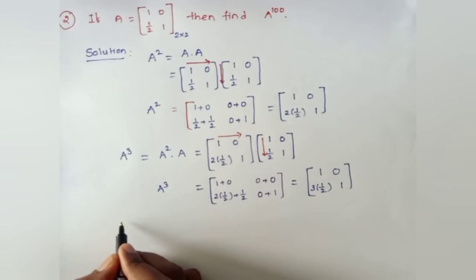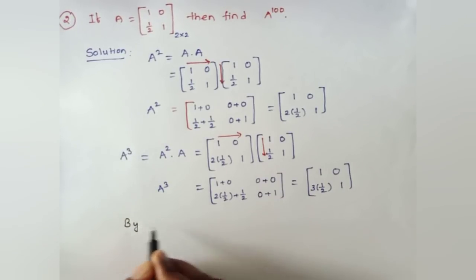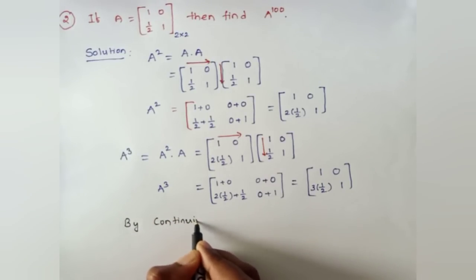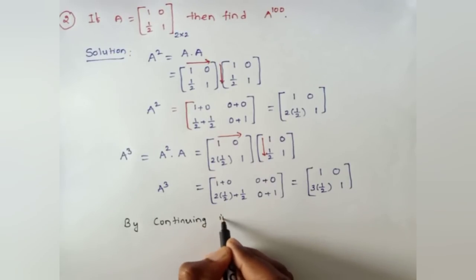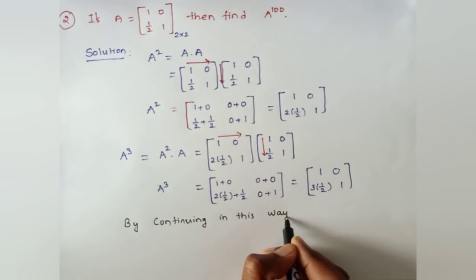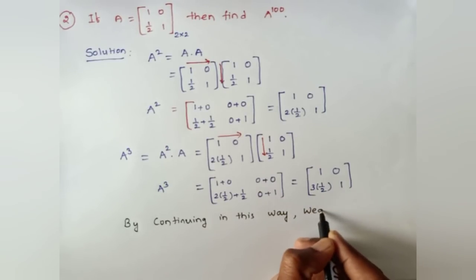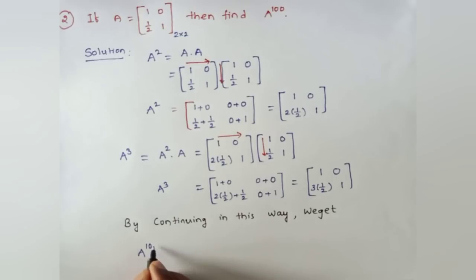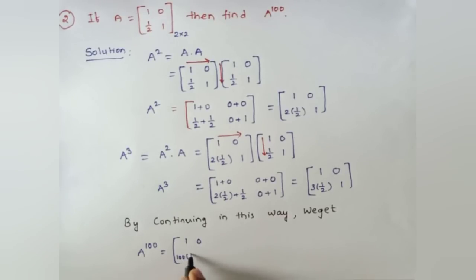By continuing in this way, we get a to the power of 100. A to the power of 100 is 1, 0, and this is 100 times 1 by 2 and it is 1.